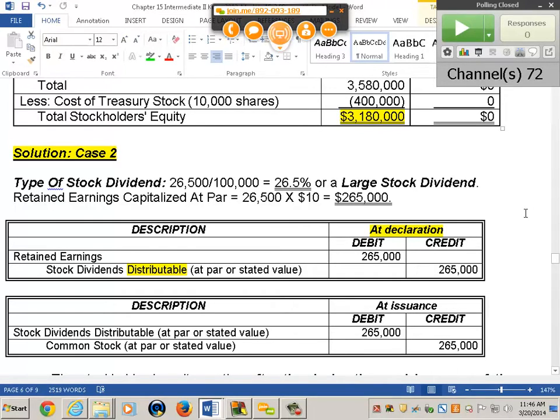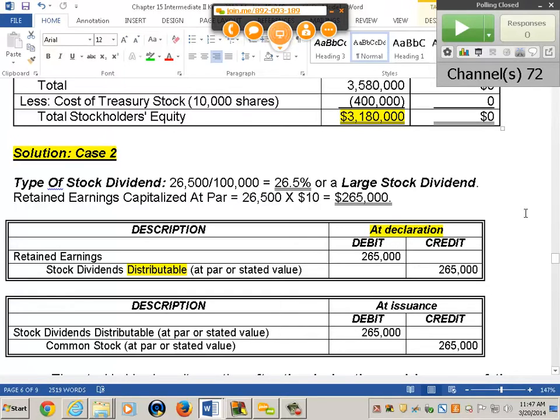You realize the market price of this stock starts at 30 on the date of declaration. As soon as the market's impounded, it's got to go down proportionately. In this case, you capitalize at par, which is $10. So you debit retained earnings, credit stock dividend distributable, and then, of course, debit the stock dividend distributable and credit common stock. Everything's at par value, $26,500.